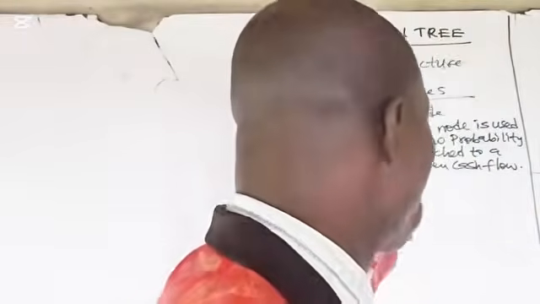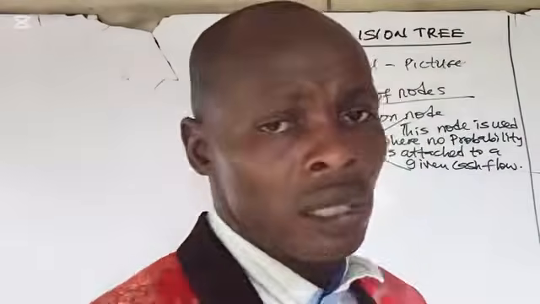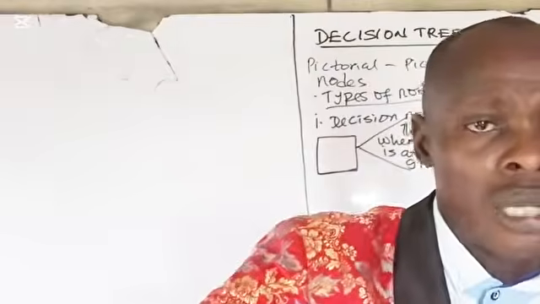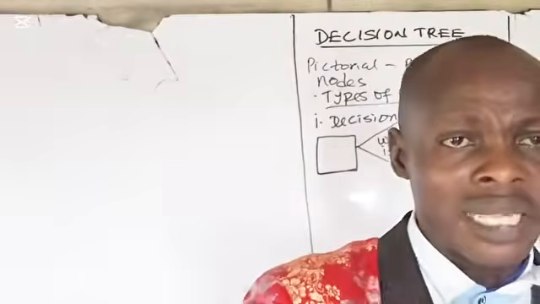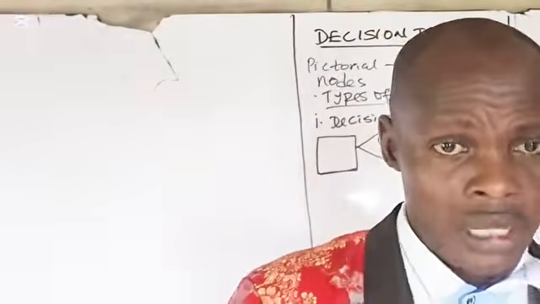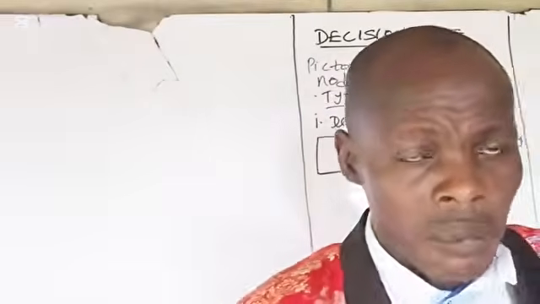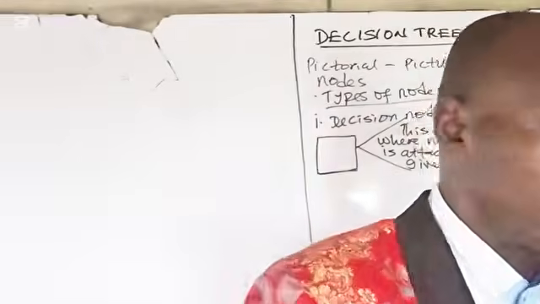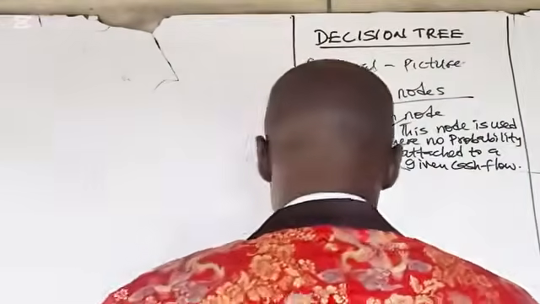So we use the decision node to represent that region when we are drawing the decision tree. If you have a cash flow without probability, then you use the decision node in that region. So that is the decision node.